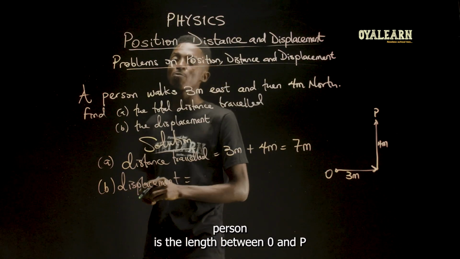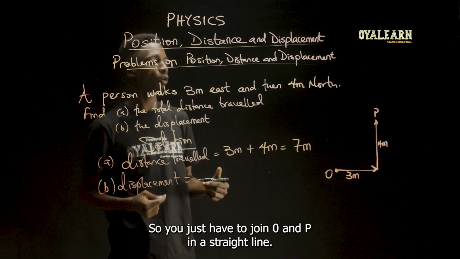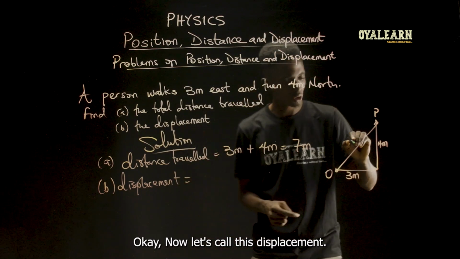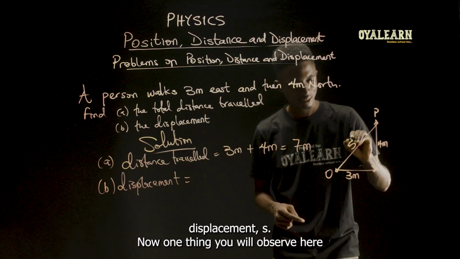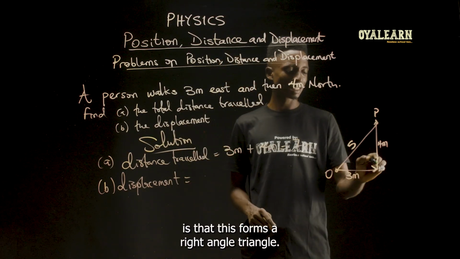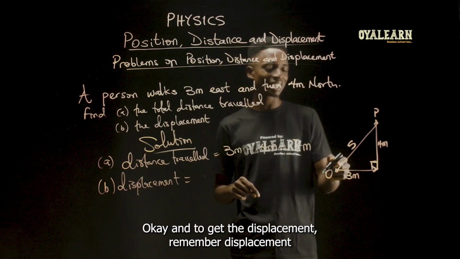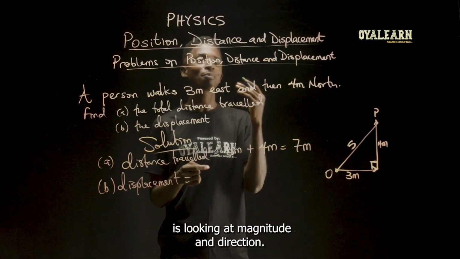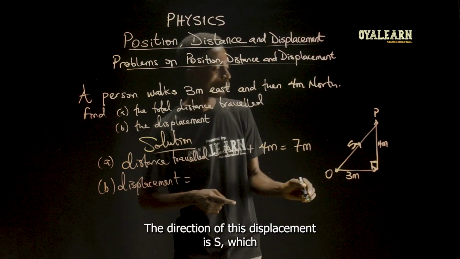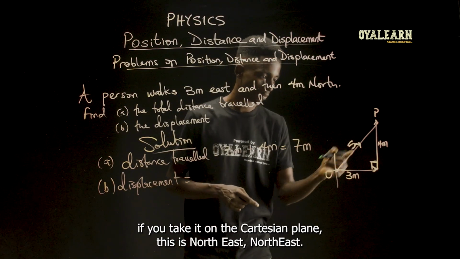The displacement of this person is the length between O and P. So you just have to join O and P with a straight line, okay, like this. Okay, now let's call this displacement S. Now one thing you will observe here is that this forms a right angle triangle, okay, and to get the displacement, remember displacement is looking at both magnitude and direction. The direction of this displacement is in this way, which if you take it on the Cartesian plane, this is northeast.